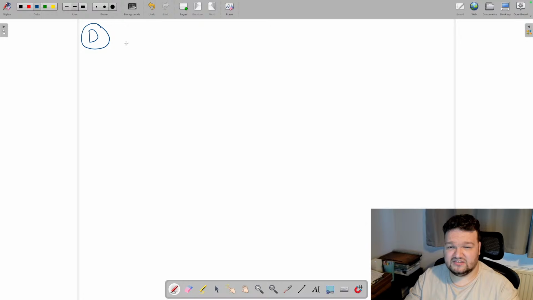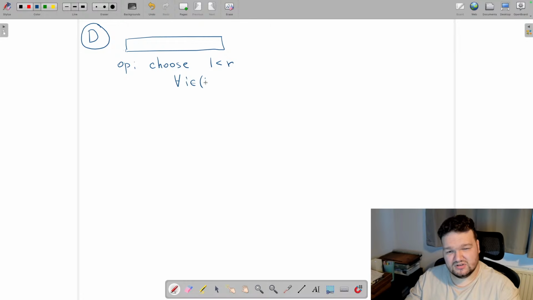In problem D, we had an array, and we could do unlimited number of operations. In each operation, we choose two indices L and R, such that L is strictly to the left of R, and then for all positions between them, we update A_i to maximum of A_i and minimum of A_L and A_R.